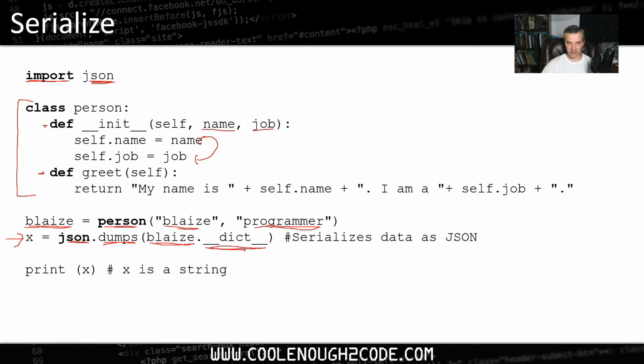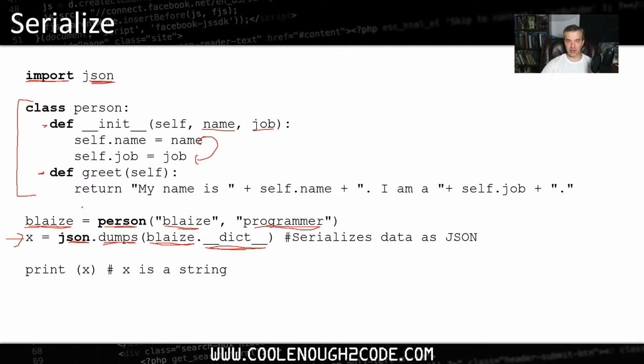Remember, we talked about dictionaries earlier where we have key value pairs. Well, it's basically stripping out all of the methods off my object and just returning the properties as key value pairs. So that allows me to access them simply like an object, or like we saw with the dictionary whenever we were working with those.